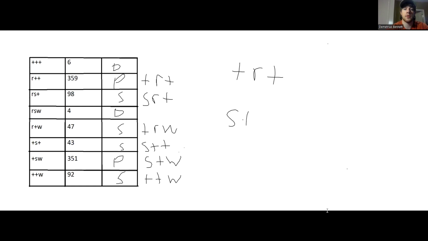Okay, so we're trying to find the distance first between S and R. That is going to be the change between here and here.